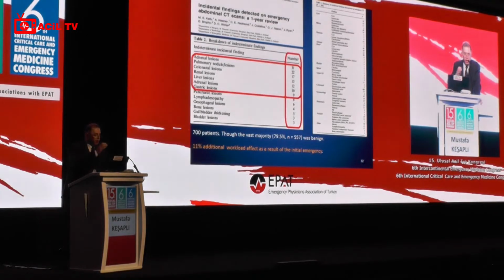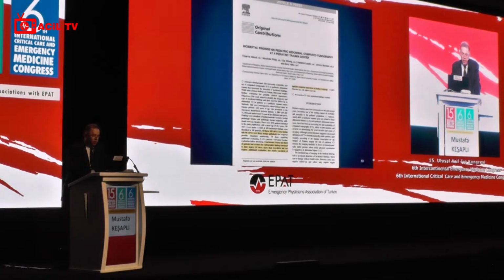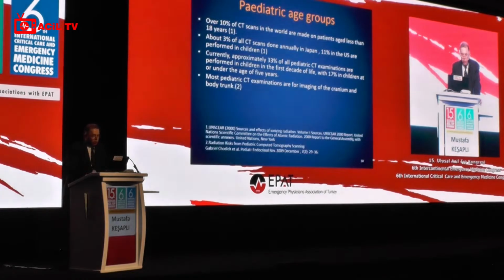I mean, maybe in 10 to 11% of patients, the management of your patient is changing. So that was another trouble for abdominal CTs, my friend. And it's the same with children. It's not just adult people. You find them in children also, maybe around 30%. But children's lesions are much more benign also, my friend.